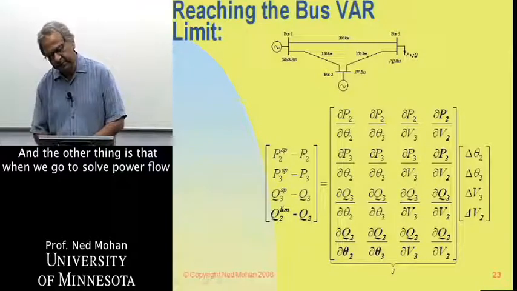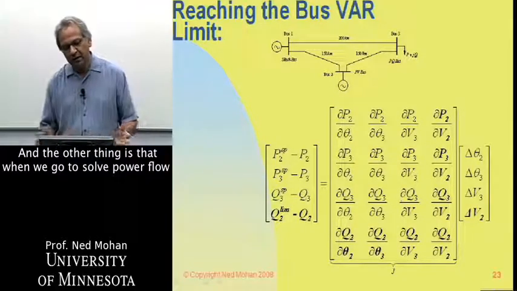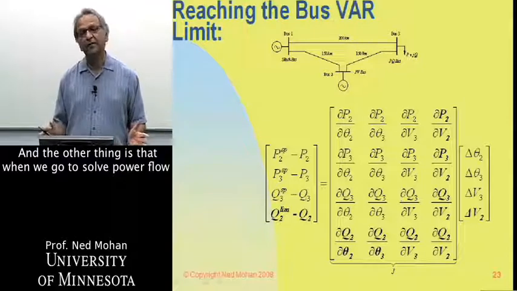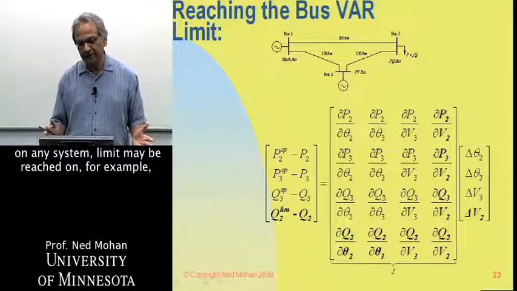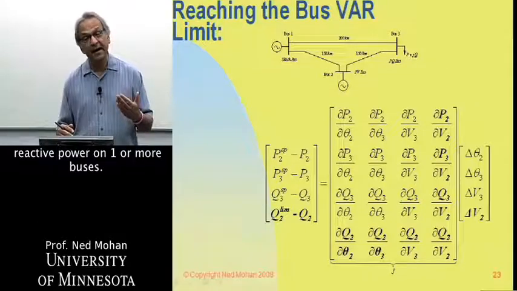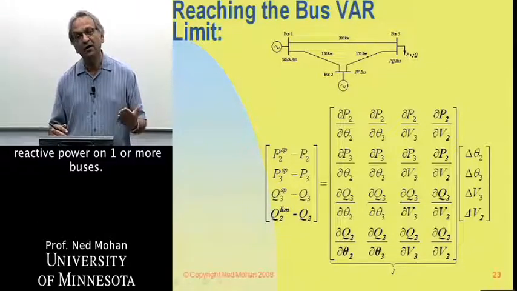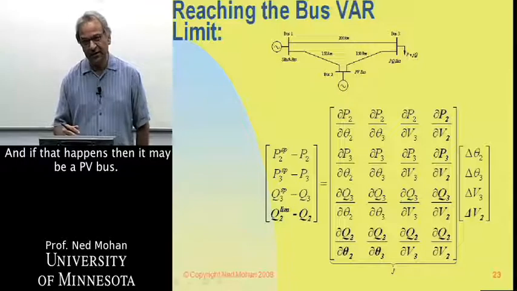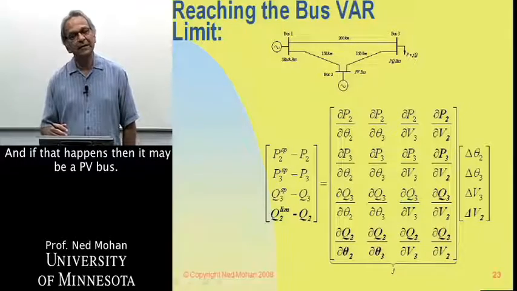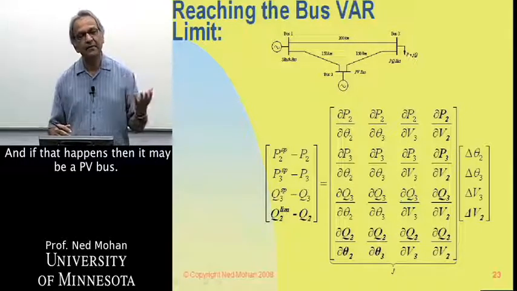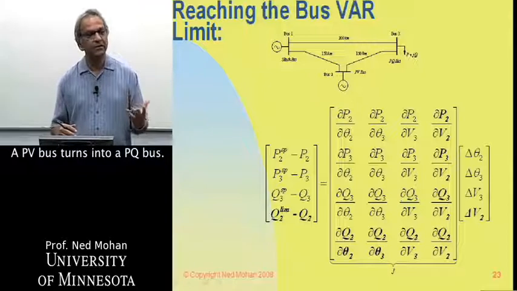And the other thing is that when we go to solve power flow on any system, a limit may be reached on, for example, reactive power on one or more buses. Okay, and if that happens, then a PV bus turns into a PQ bus.